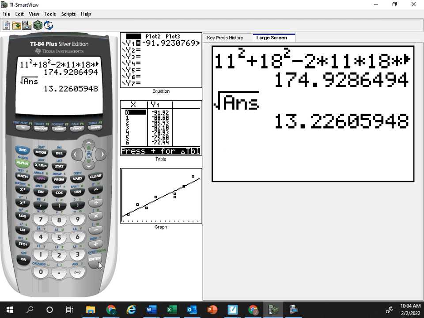So 13.226. Here's your answer. Anybody calculator troubles?